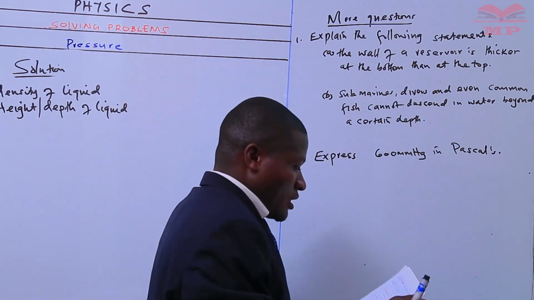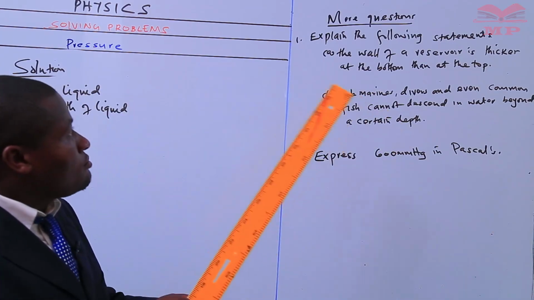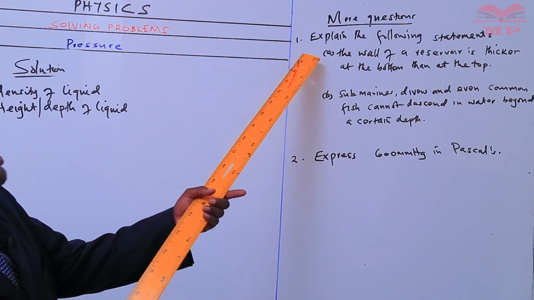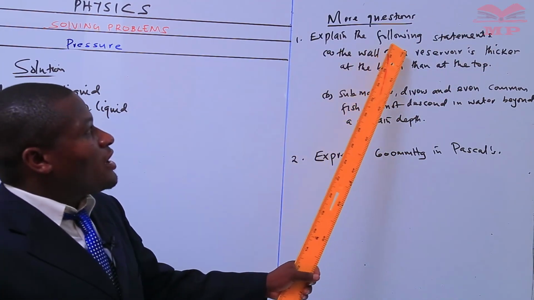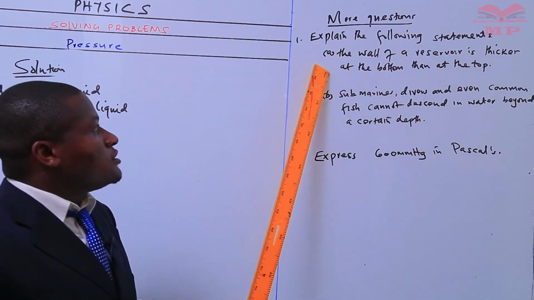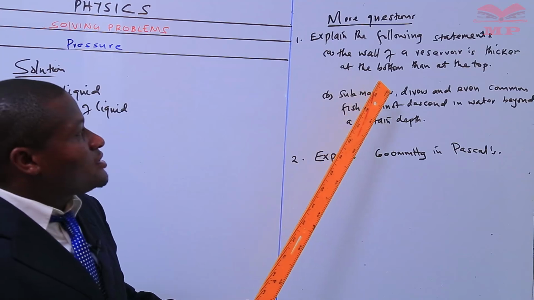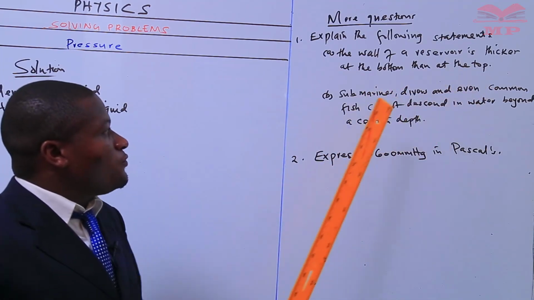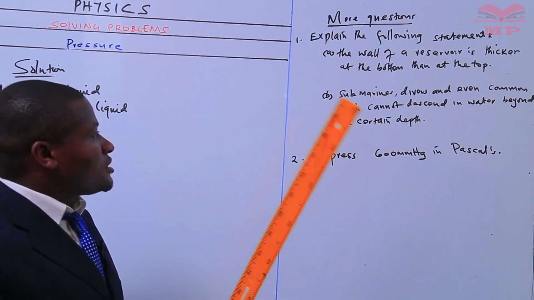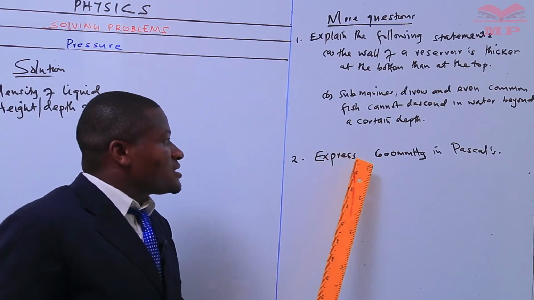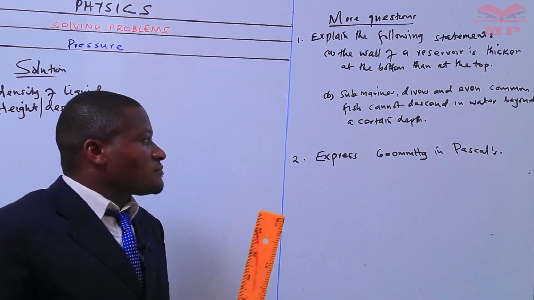The first one is to explain the following statements. A, the wall of a reservoir is thicker at the bottom than at the top. Then B, submarines, divers, and even common fish cannot descend in water beyond a certain depth. Then question 2, express 600 millimeters of mercury in pascals.